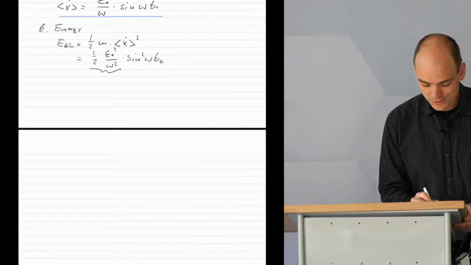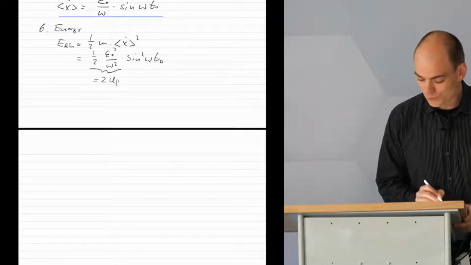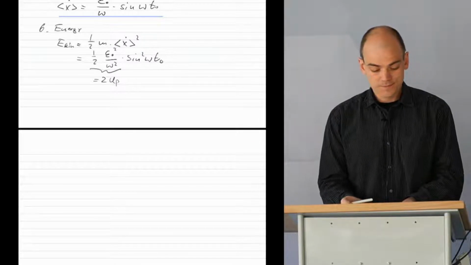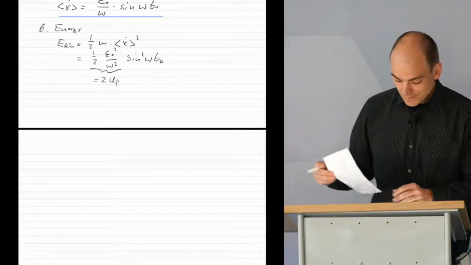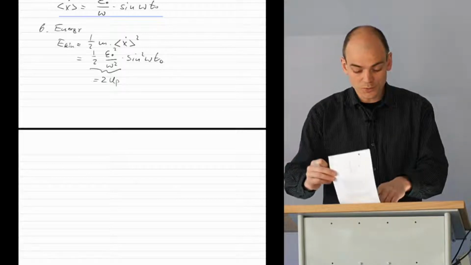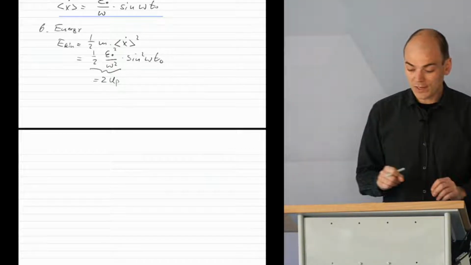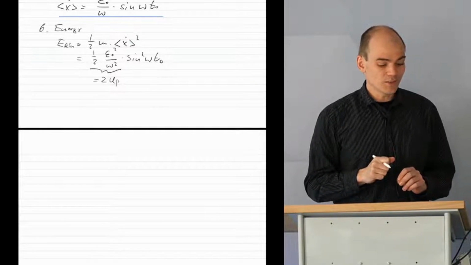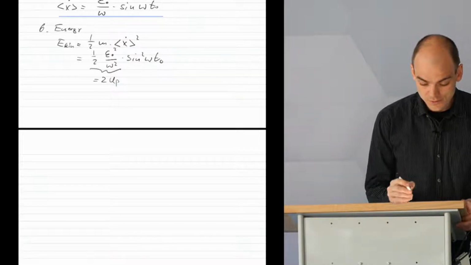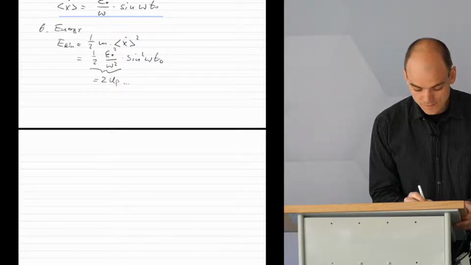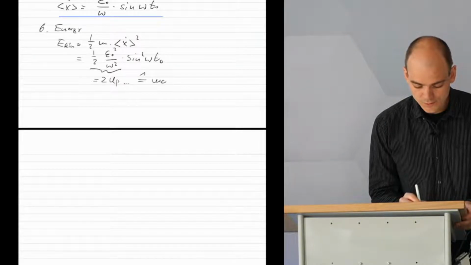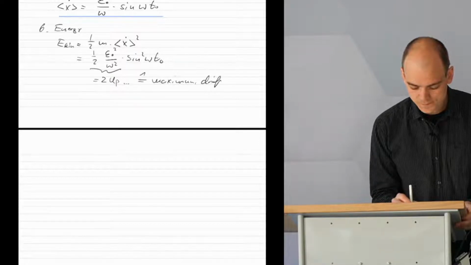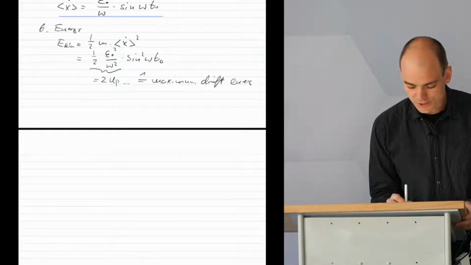So this equals 2 UP. Okay, and so this is, I think, the first example where we find that the ponderomotive potential is a scaling parameter. And so this is equivalent to the maximum drift energy.